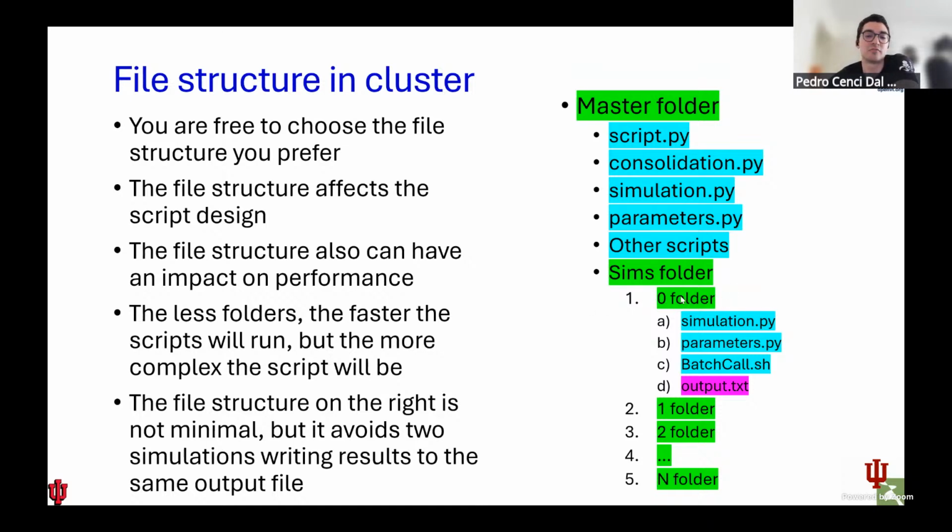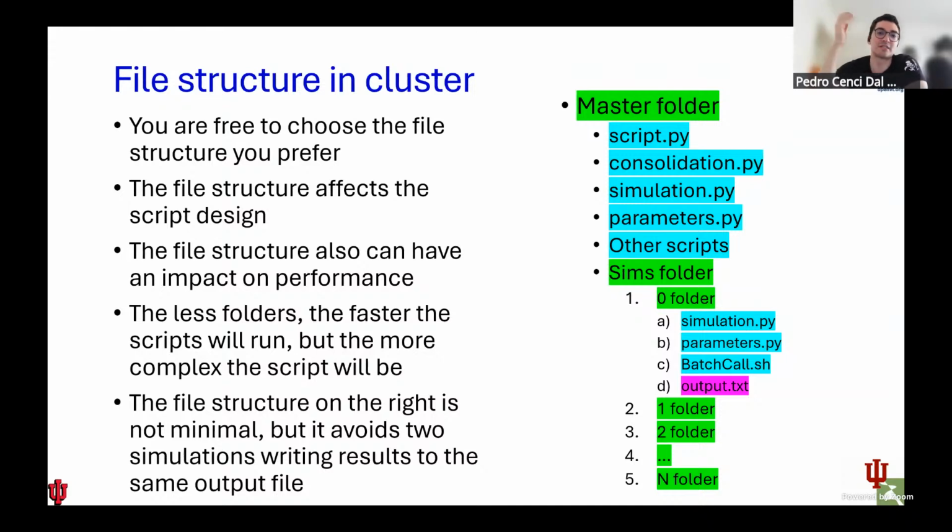And the folders are ordered, so you have folder 0, folder 1, folder 2, and so on till the nth folder. Inside each one of these folders, you have the simulation file, you have the parameters file, you have a batch call, which submits the job to the cluster, and you have your output file.